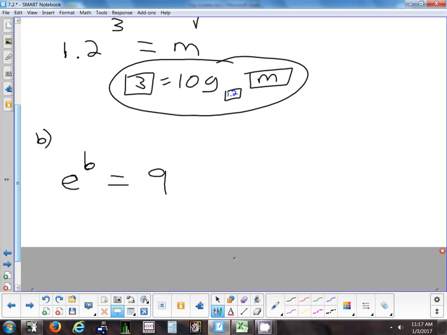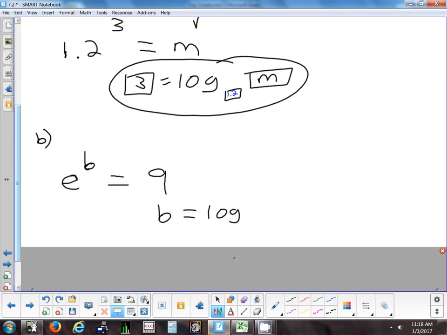It says e to the b equals 9. Okay, so Nolan, what's first thing I should write down? Yep, e to the b equals 9. So b equals log e.